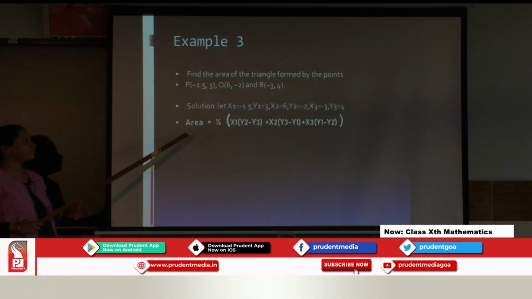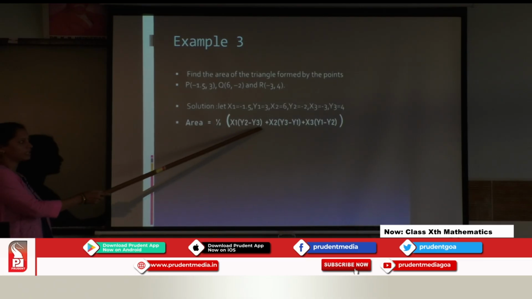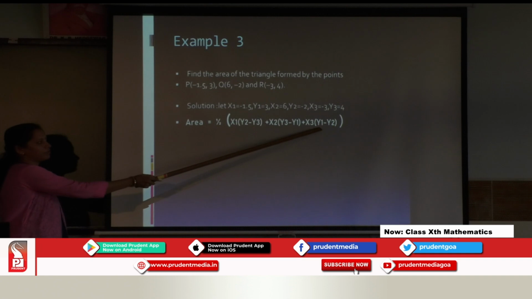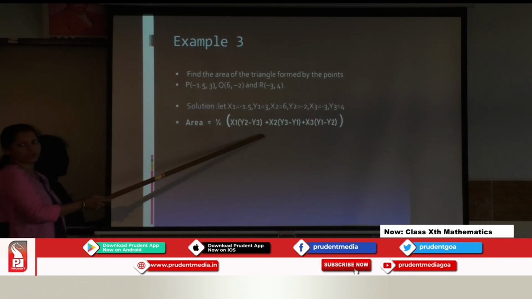So, same formula, area equals half into x1(y2 - y3) + x2(y3 - y1) + x3(y1 - y2). Now we have to put all these values in this equation.